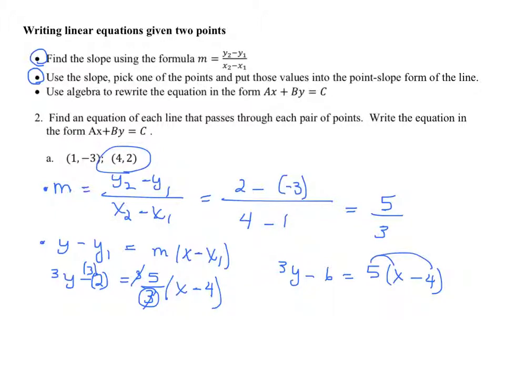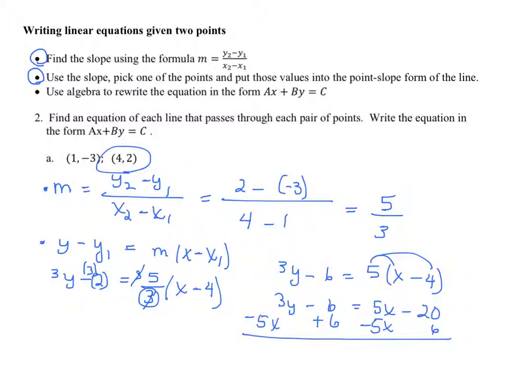Distribute the 5. And now move stuff around. I'm going to add the 6, subtract the 5x, and the result will be negative 5x plus 3y is equal to 20.